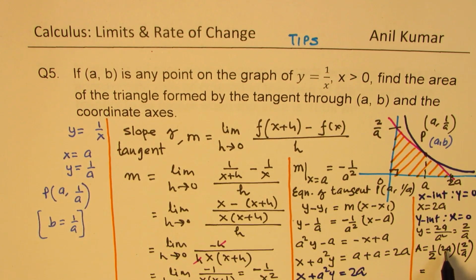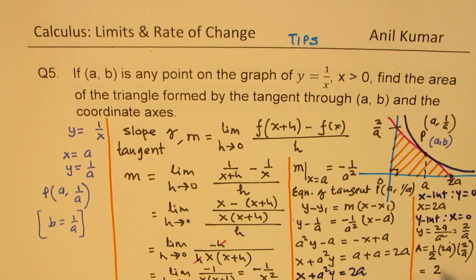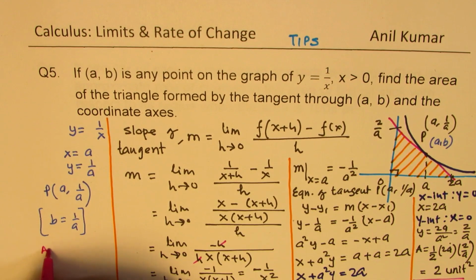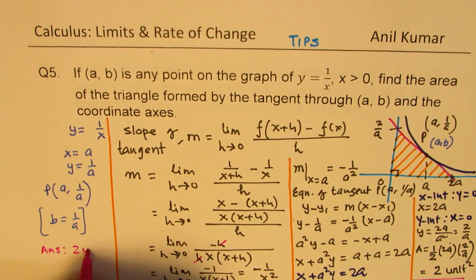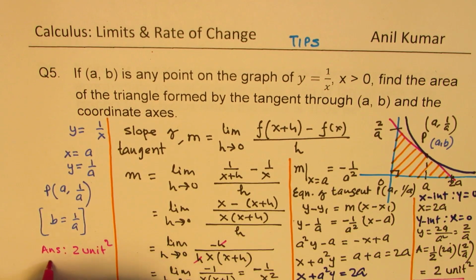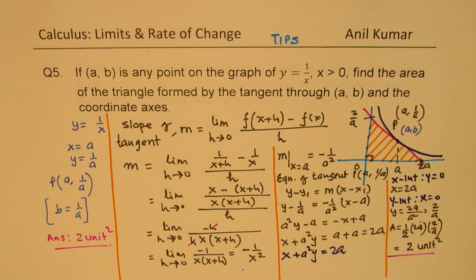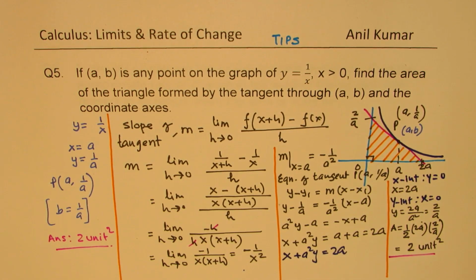When you do that, the 2s cancel, a cancels, and we are left with 2. So the area is 2 units squared. Is that clear to you? So we have our answer that the area is 2 units squared. Now this is a very important conclusion, and we could have this in some multiple choice questions at times. So I hope all the steps are absolutely clear.